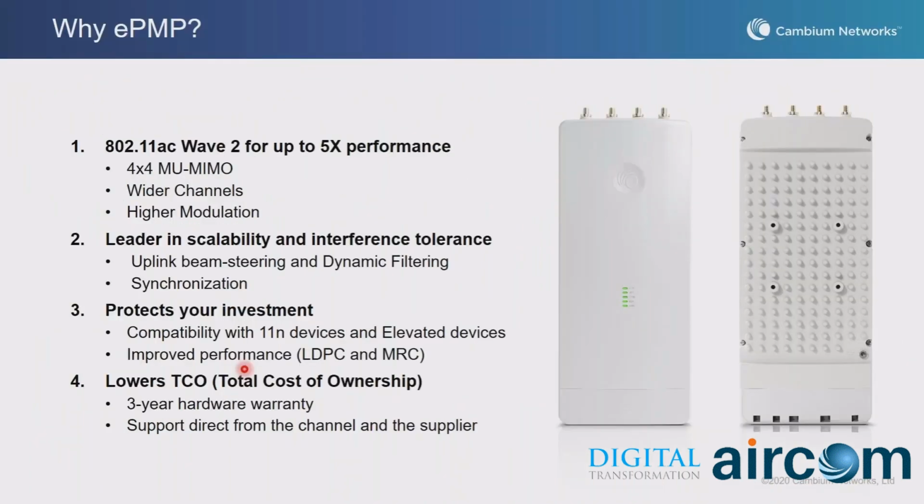So why are we asking you to migrate to ePMP 3000? That's because migrating from ePMP 1000 or 2000 to ePMP 3000 will give you up to 5 times the performance that you were getting before. And it does that using 3 different methods. One of them is multi-user MIMO.